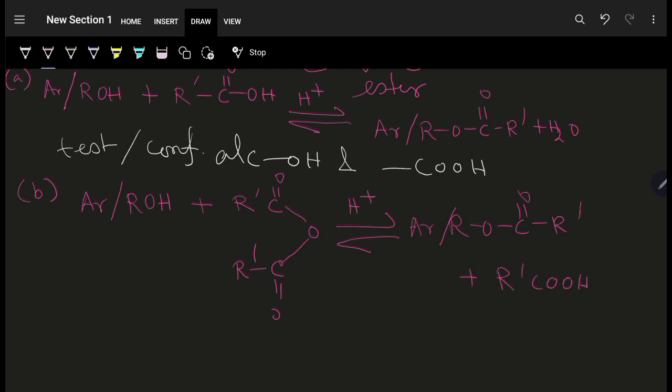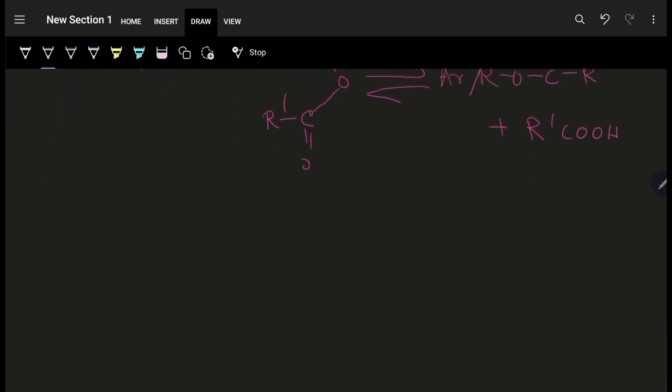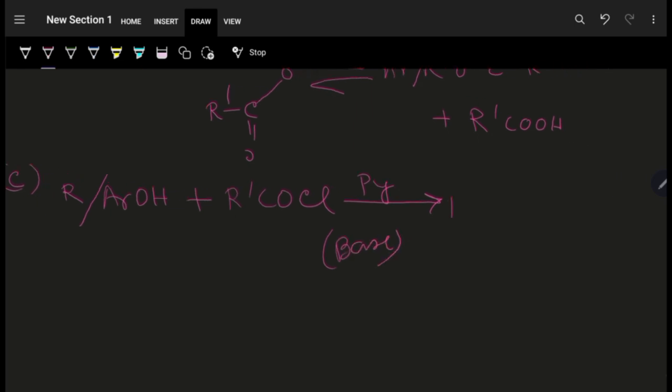Next we have another way of preparing ester with acyl chloride, that is, acid chloride. So alcohols, phenols, in presence of R dash COCl and pyridine, form ArOCOR dash plus HCl.